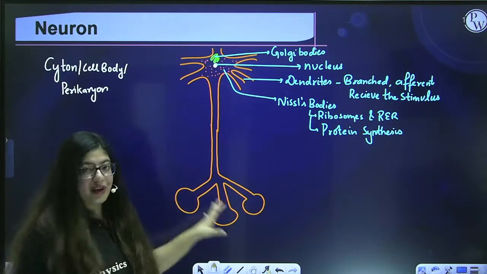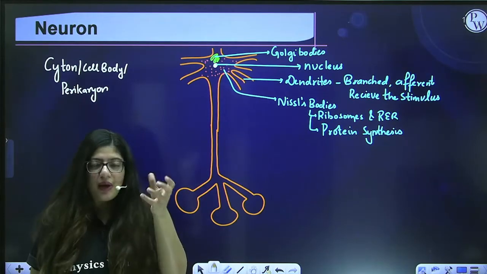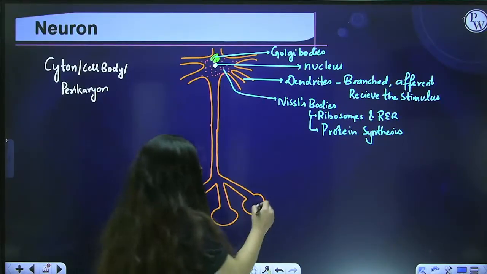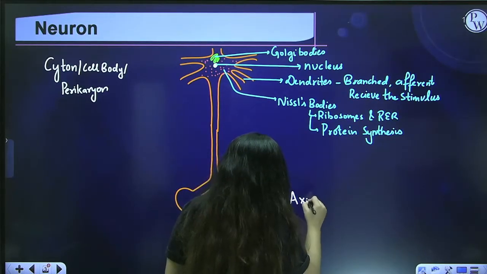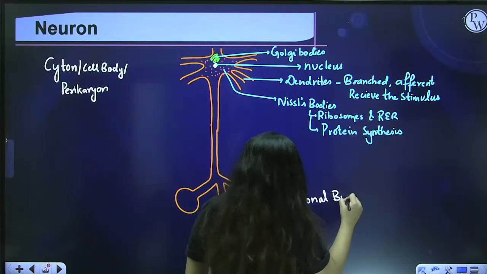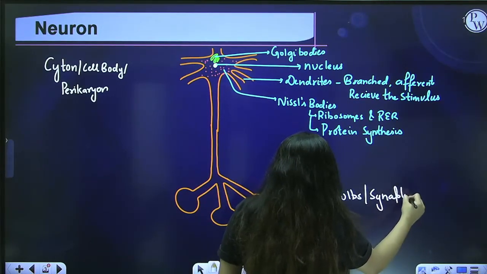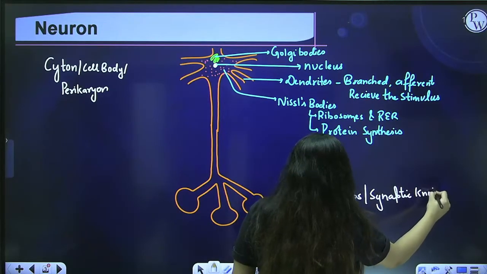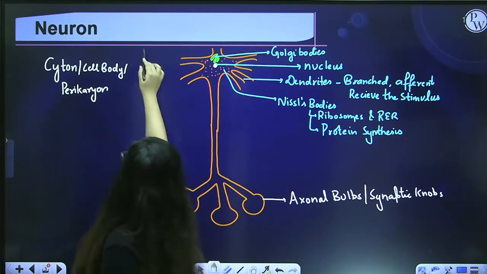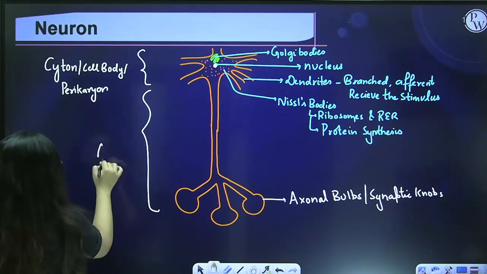So the ends of axons end up with bulb-like swellings. You call them axonal bulbs, or synaptic knobs. So this entire portion is the cyton, and this is the axon.